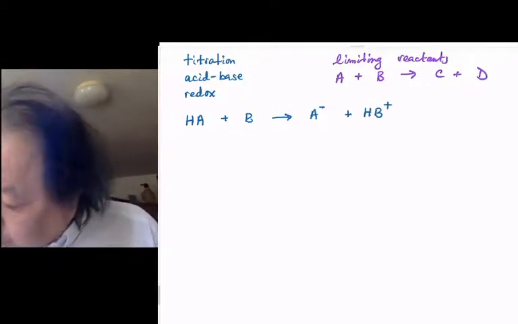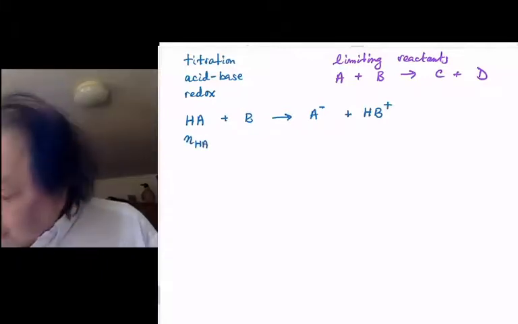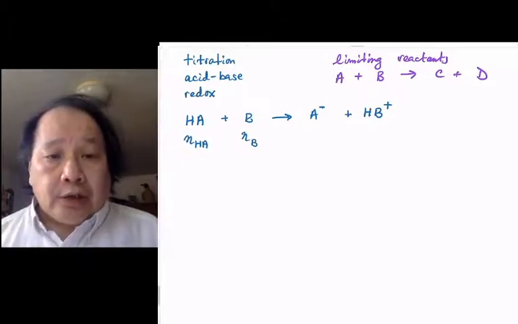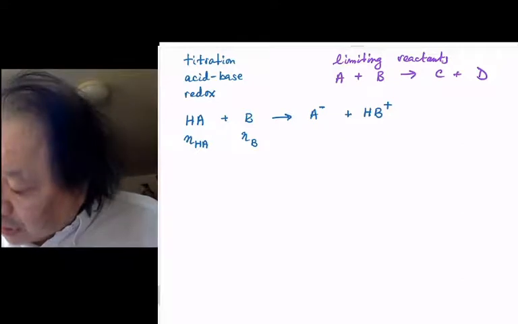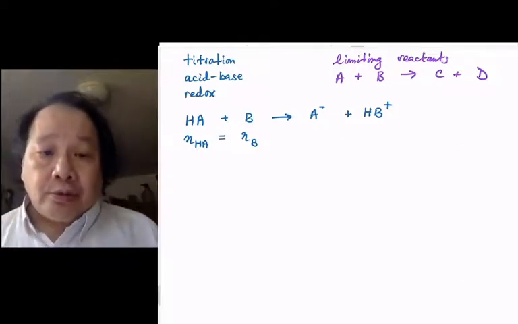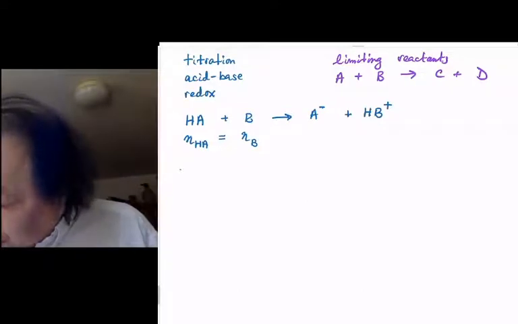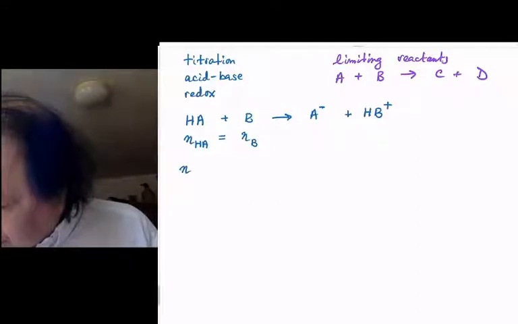And we start off with an initial number of moles of HA and an initial number of moles of B. And titration really is about the case when the number of moles of HA exactly equals the number of moles of B.